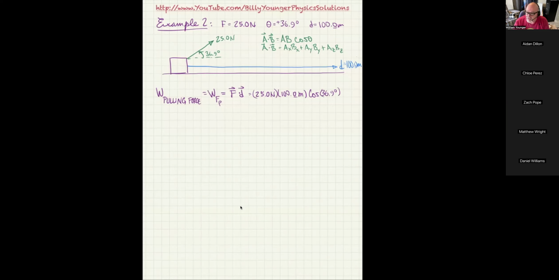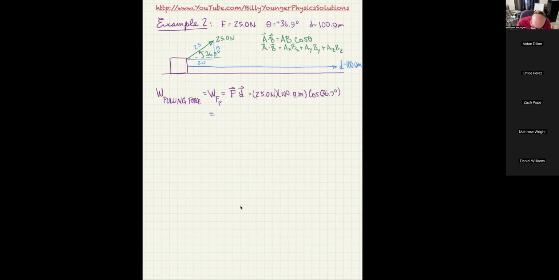So this triangle, instead of being a 3-4-5, becomes a 15-20-25. So the 15 is the vertical component. So you could say this is 15, and this is 20, and then of course this is 25. So really all I'm doing is multiplying 20 times 100, or you can just punch it in your calculator and see what you get. That's certainly fine, but I'm trying to show you how to make use of these special triangles.